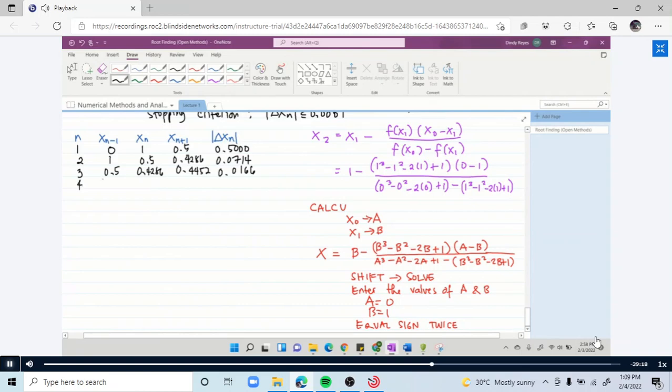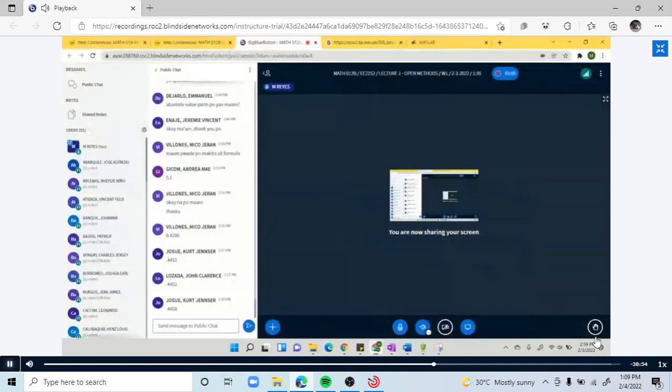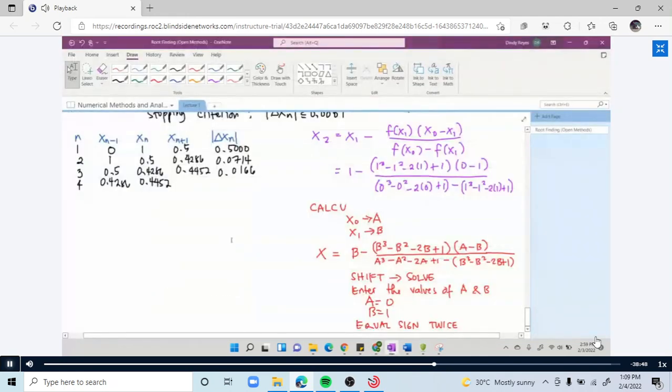For the fourth iteration, A is 0.4286 and B is 0.4452. What is x sub 5 equal to? It is 0.4450, so the difference is now 0.0002.